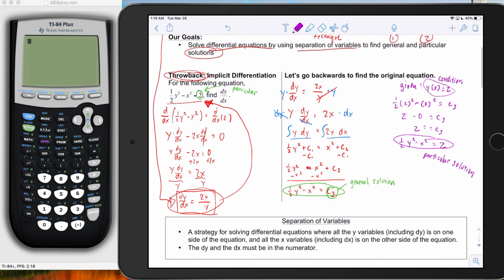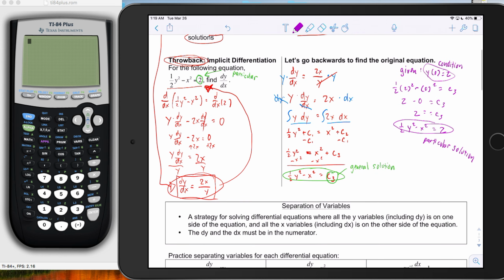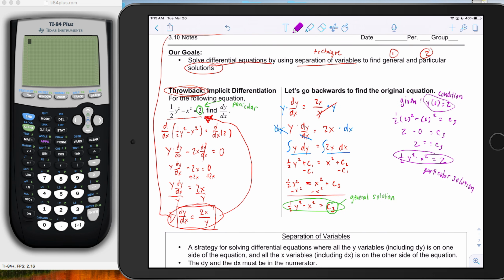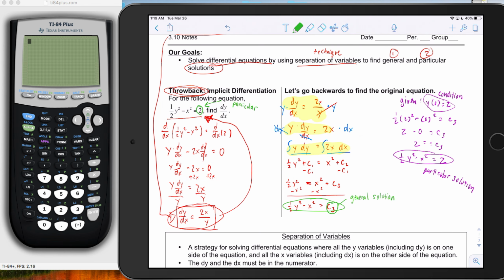Let's move on. So, let's kind of think about what we just did here. We started with this equation, this differential equation, and then what we did next is we started separating the variables, right? So why don't I call that separation of variables.